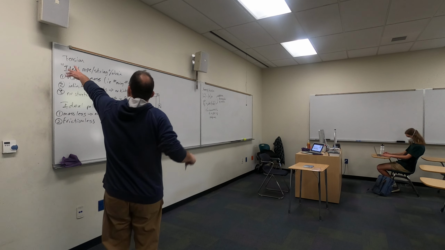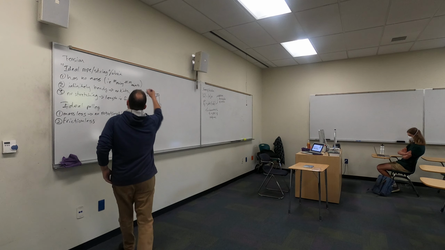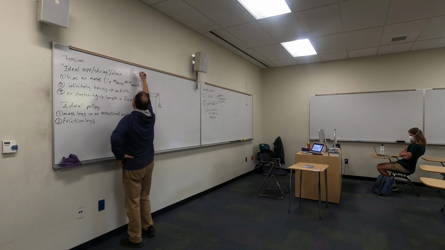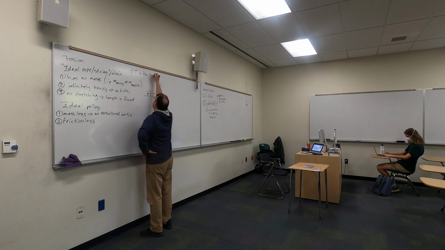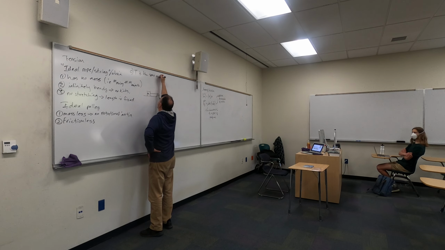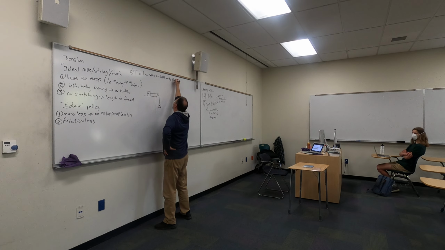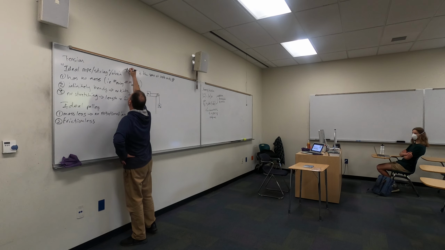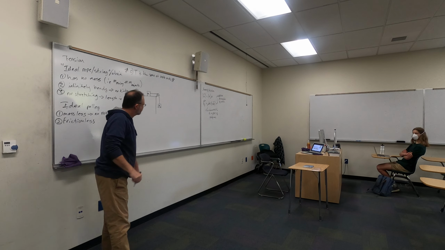Oh, the most important thing about tension is that T is the same at both ends. All right, this is the most important thing. This is the thing that's really, really important. T is the same at both ends. Okay.